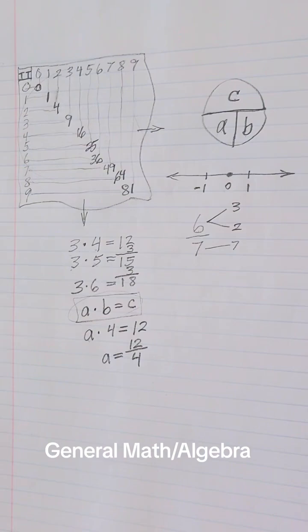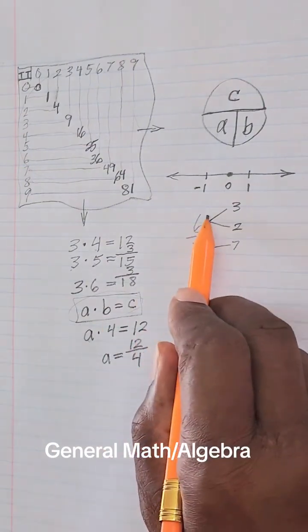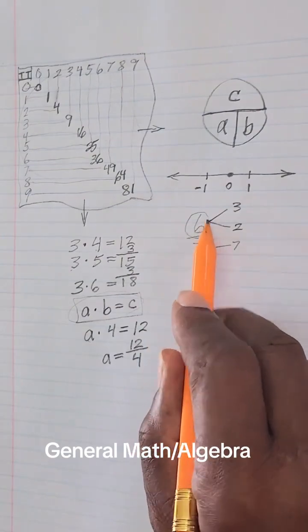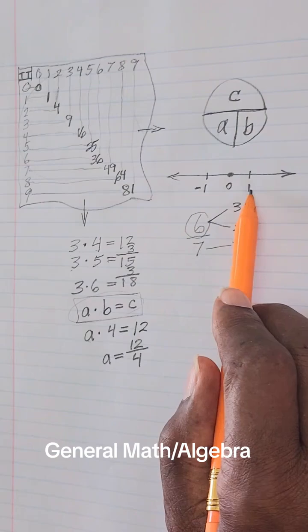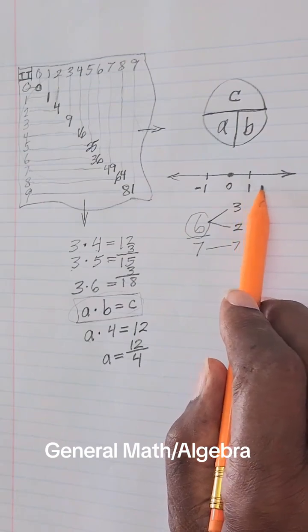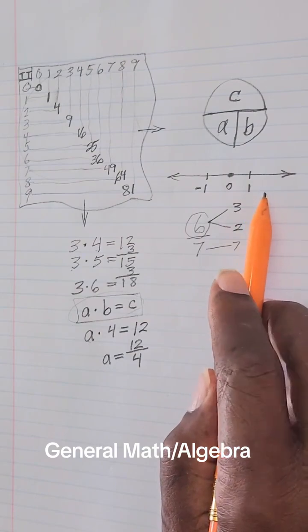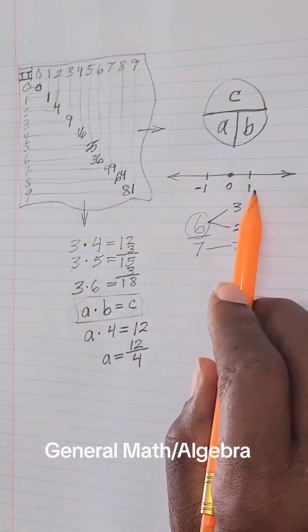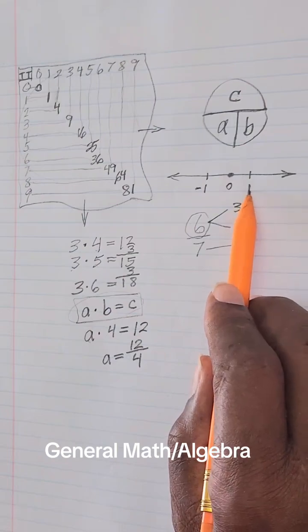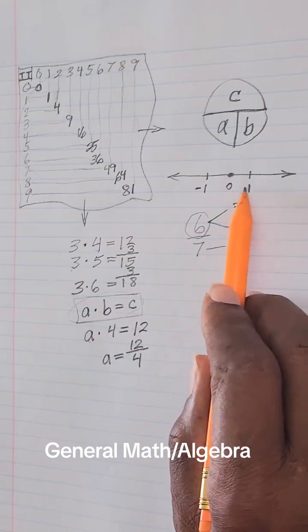Primes make up composite numbers. This is a composite number. All the numbers between the primes, I should say, are composite numbers on the number line. You go 1, which is, other than 0, 1.